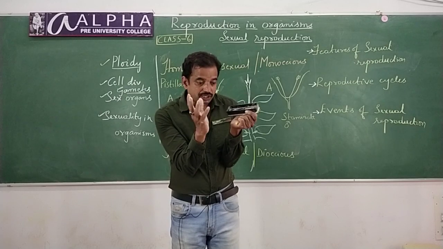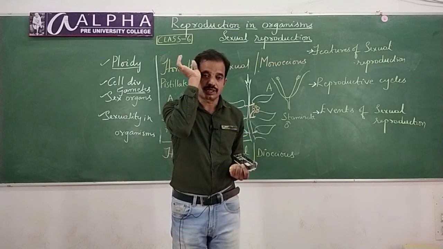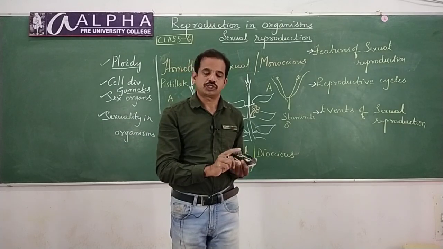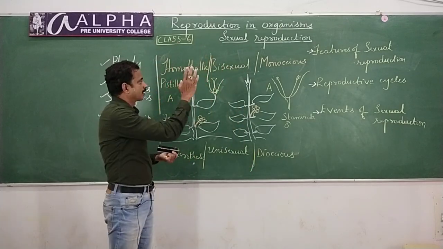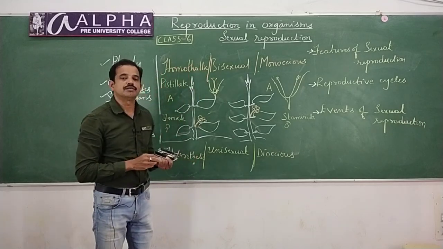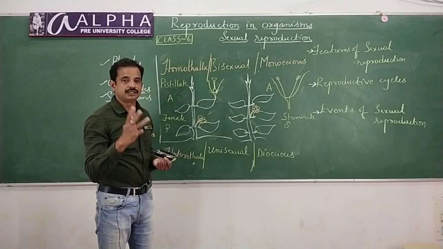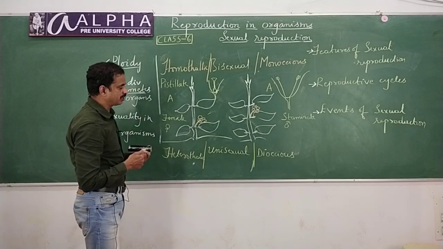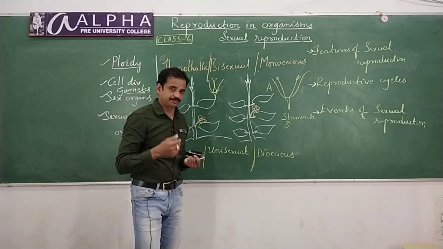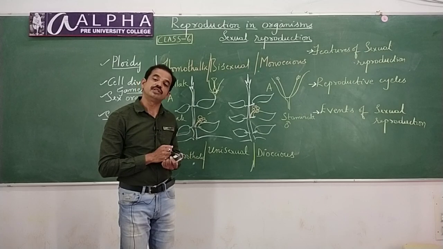They are separate, but still both flowers are present on the same plant. That's another situation. They are also bisexual. So hibiscus is an example for a bisexual plant, coconut is an example for a bisexual plant, and cucurbit plant is an example for a bisexual plant. Three examples as per the information in your textbook. Here in heterothallic unisexual plants, papaya is an example, and date palm is an example for the unisexual plants.